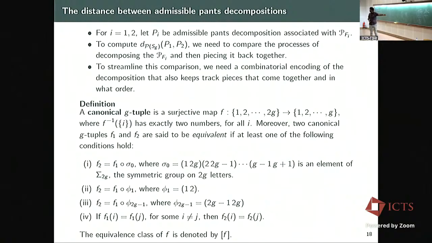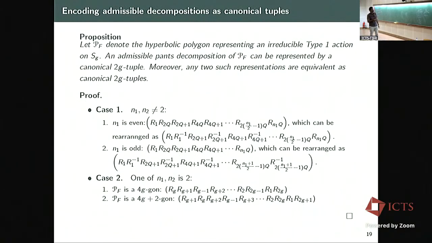So that's it. Now, why does this in fact capture the decomposition process? You can actually see that any admissible Pan's decomposition of PF can be represented by a canonical 2G tuple. So this process that we are describing can be described by such a tuple, like this function that I just described.